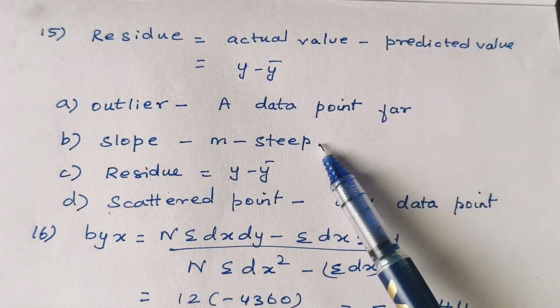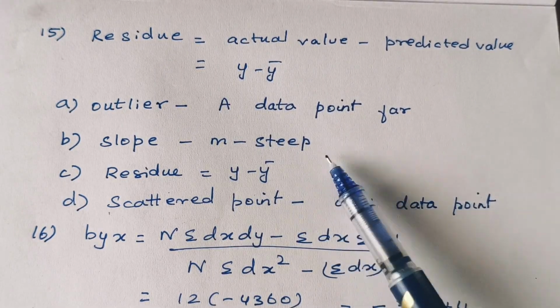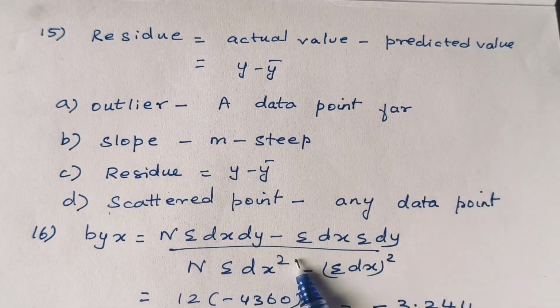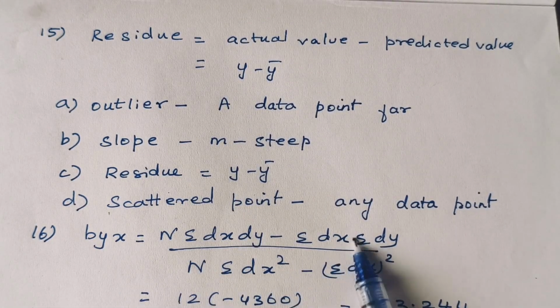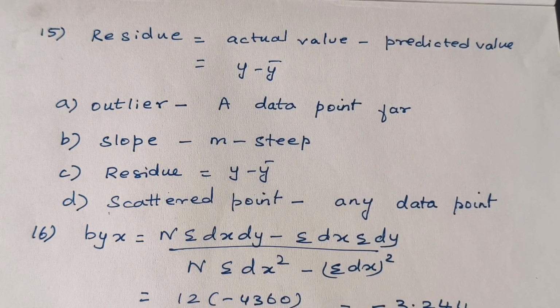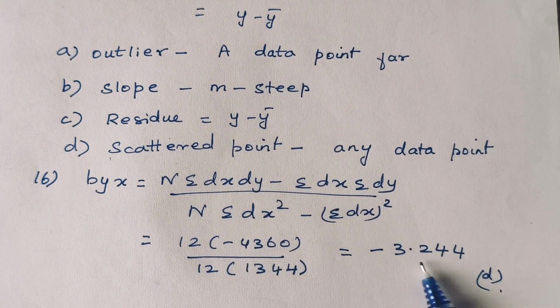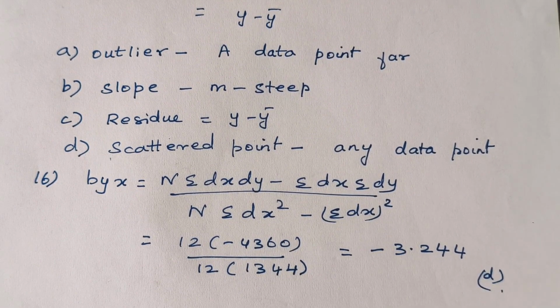Outlier means a data point far away, slope is m, residual is y minus y bar, and scattered point is any data. And 16th, sigma dx is 0, so this is equal to minus 3.244.